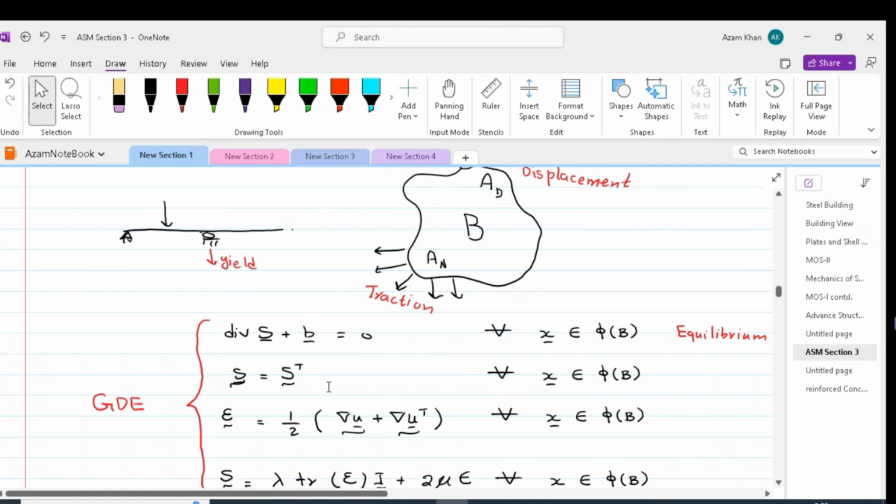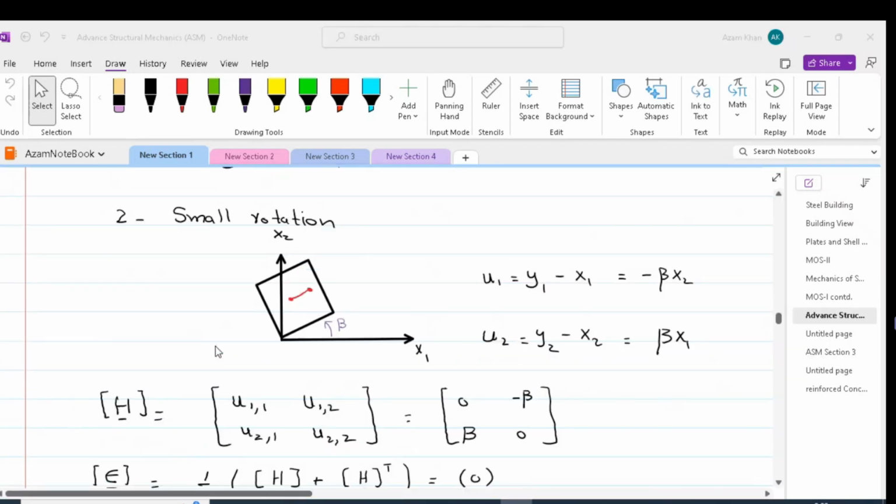The second equation says that stress at each point must be equal to the stress transpose tensor. So the stress tensor is equal to the stress transpose tensor. That is what the second equation is saying. The third equation is the strain tensor, which is equal to half of the displacement gradient tensor plus the displacement gradient tensor transpose.